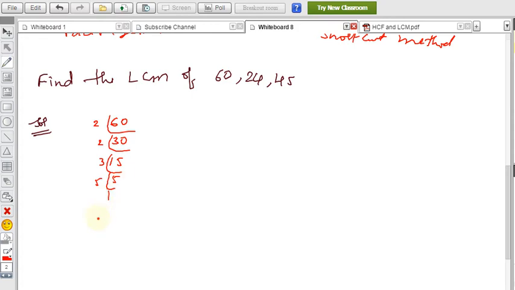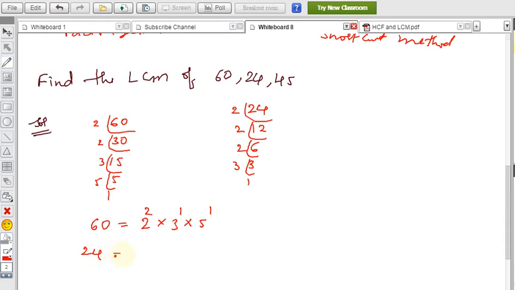So 60 we can write as 2 to the power 2 into 3 to the power 1 into 5 to the power 1. Then 24, the same way, 2 twelves are 24, 2 sixes are 12, 2 threes are 6, and 3 ones are 3. So 24 we can write as 2 to the power 3 into 3 to the power 1.